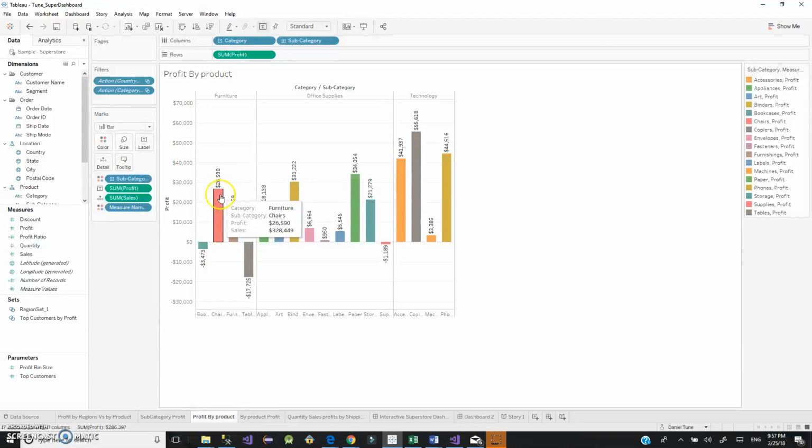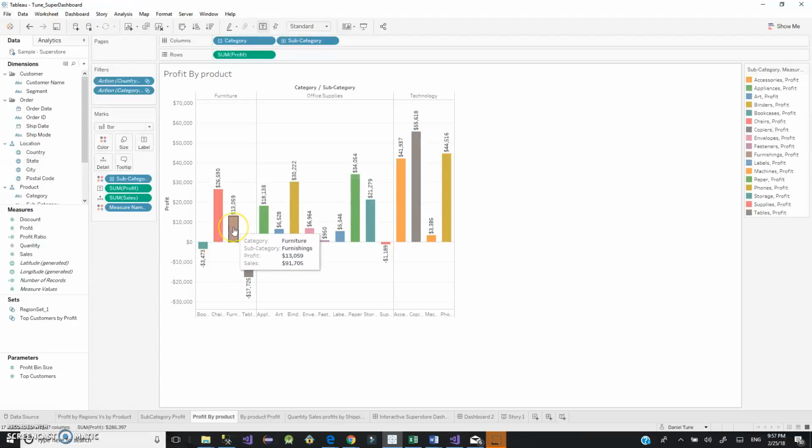As right here, when I hover over the profit, it tells me if the furniture is doing good. What's doing bad is up here, the furniture bookcase. In subcategory the bookcase is not doing good. Here furniture chair is doing okay, doing good.